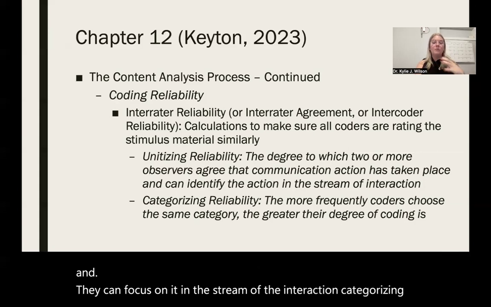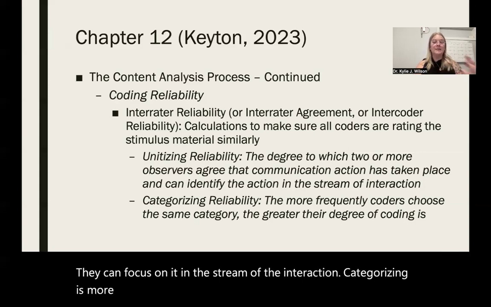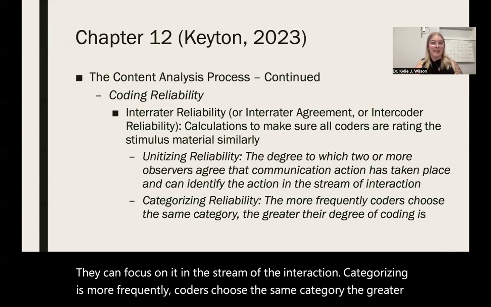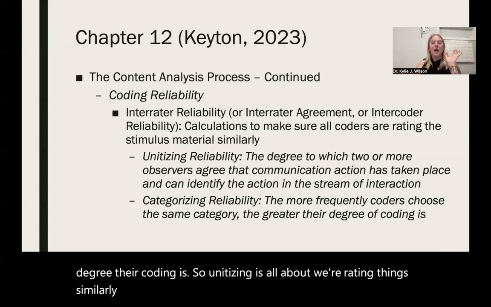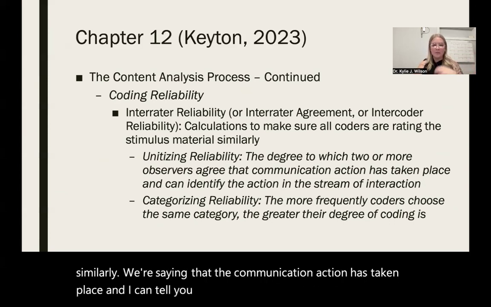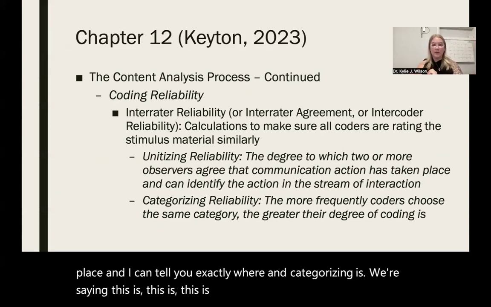Categorizing is more about how frequently coders choose the same category; the greater the frequency, the greater the degree of reliability in their coding. So unitizing is all about, we're rating things similarly. We're saying that the communication action has taken place, and I can tell you exactly where. And categorizing is, we're saying this is this, this is this, this is this, right?